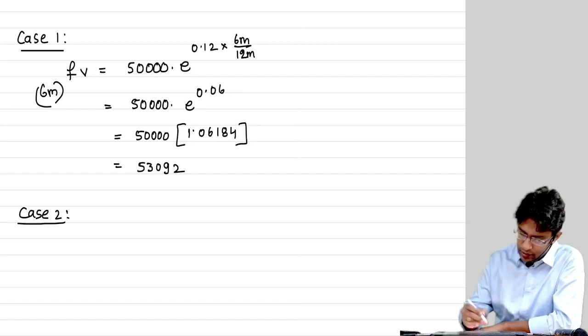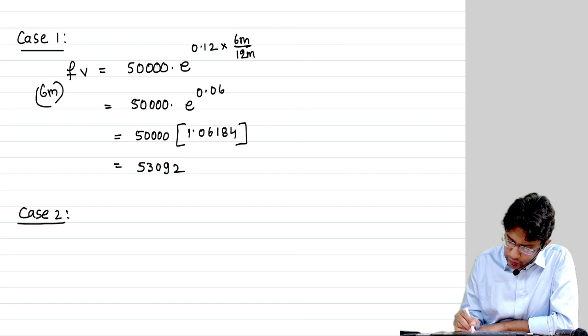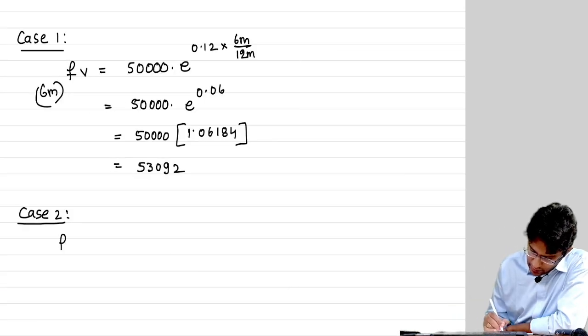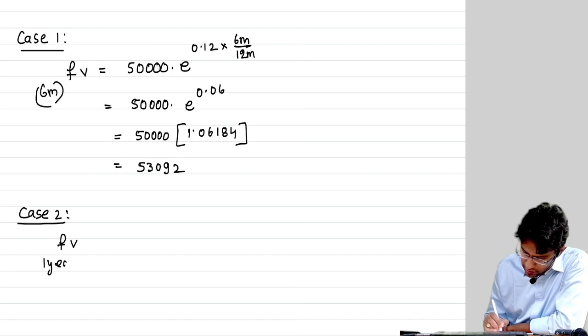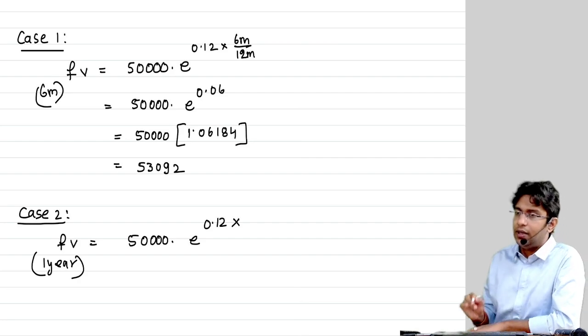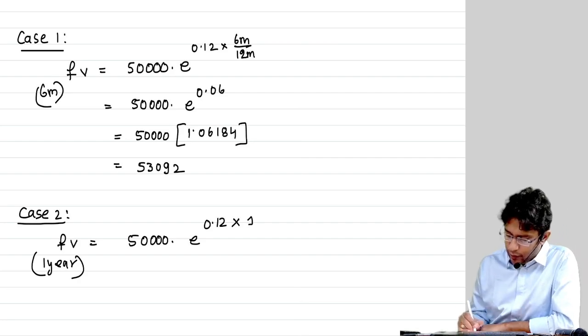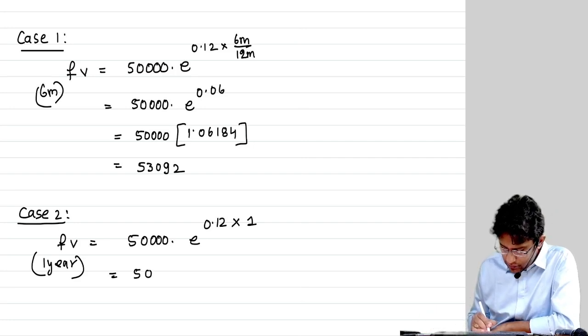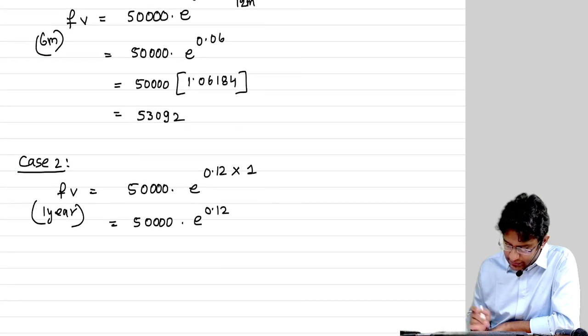Case 2. He is asking you to assume that you are investing it for 1 year. Guys, if you are investing for 1 year, what will change in this? T, instead of 6 by 12, I'll directly write 1 year. So 50,000 into e power 0.12 it is.